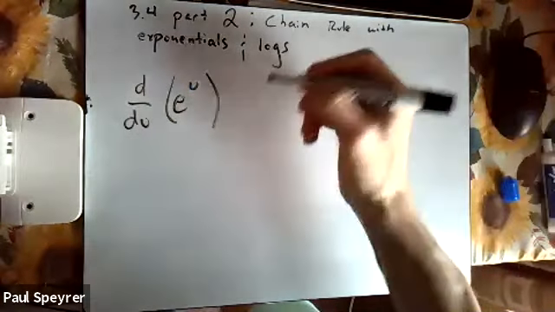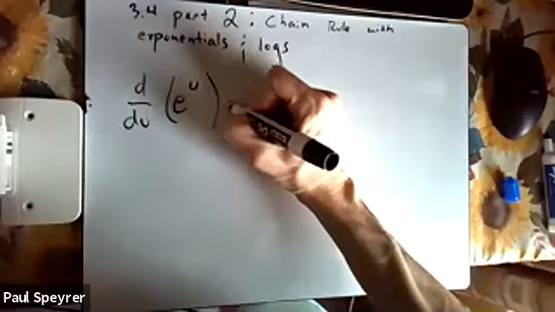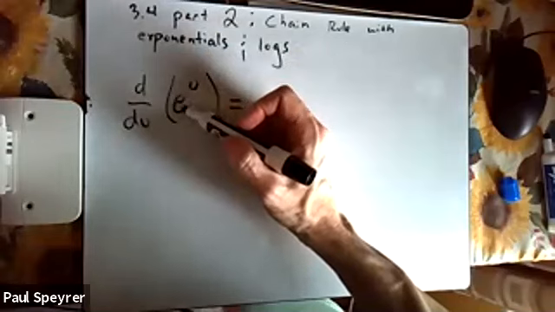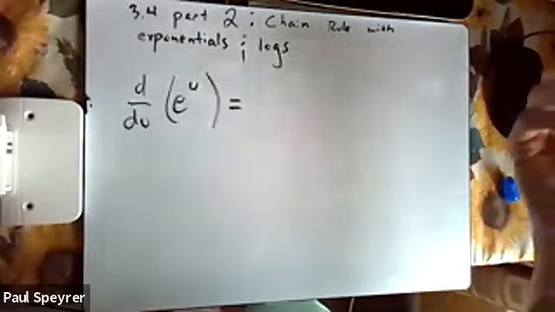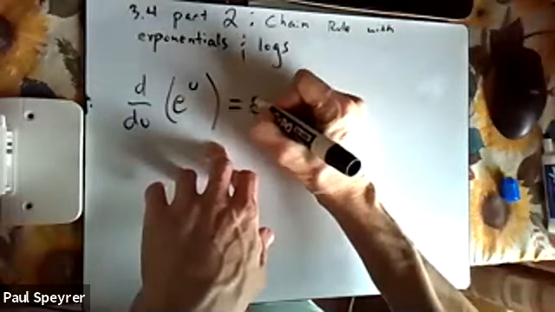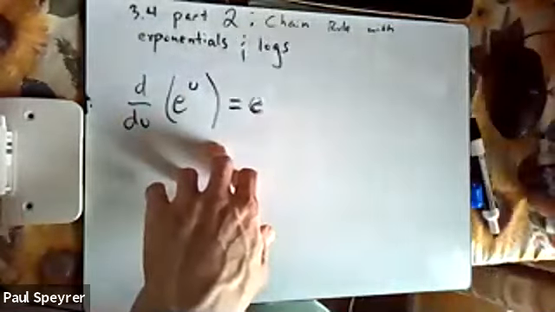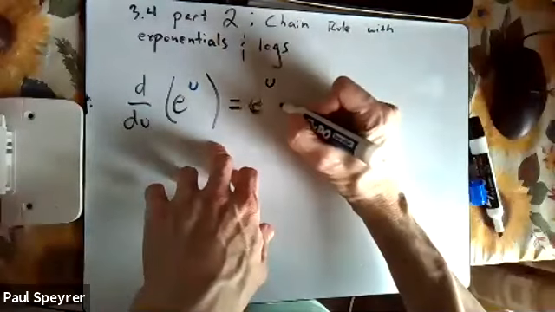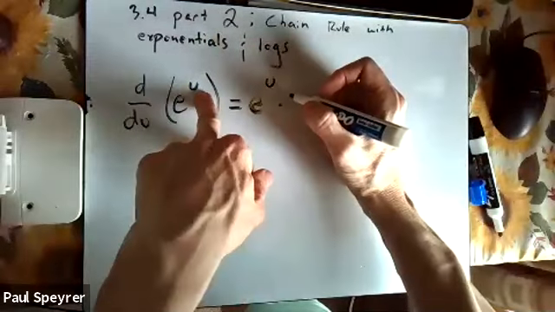Well, we derive the outside part first. Remember, the derivative of e to the x was still e to the x. In this case, though, it's going to be e to the u power, and then times the derivative of u.